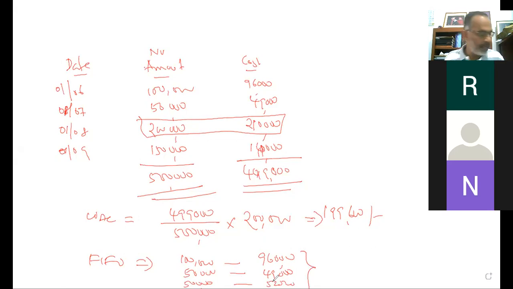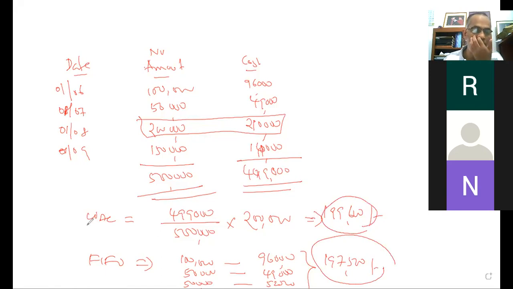Aggregation of these three is 96 plus 49 plus 52.5, which is 197,500. That is the cost under the FIFO method.